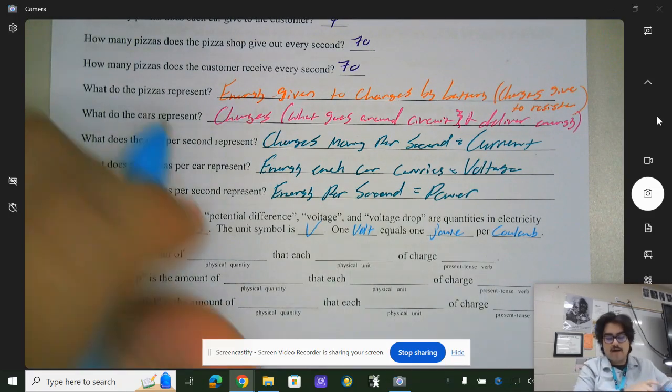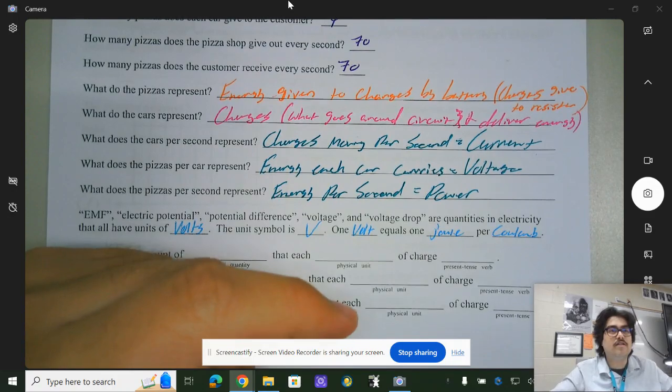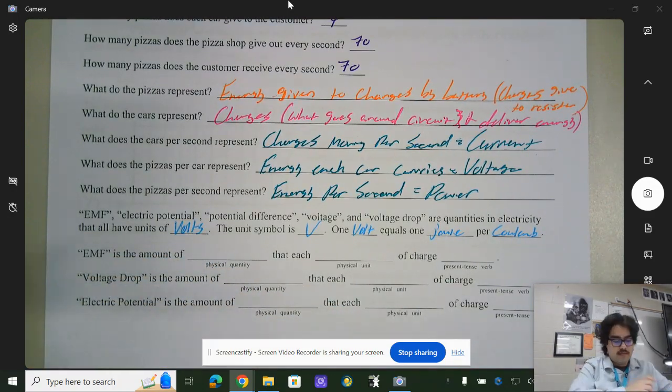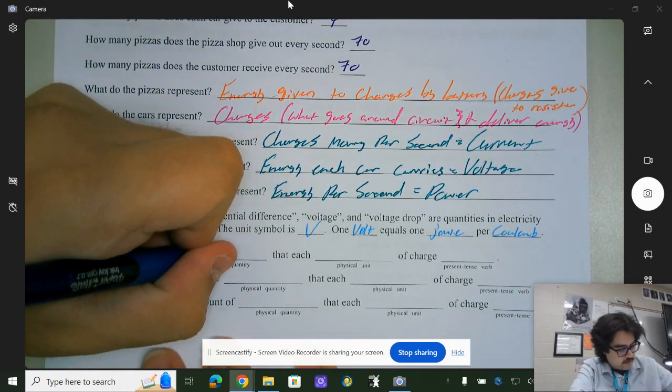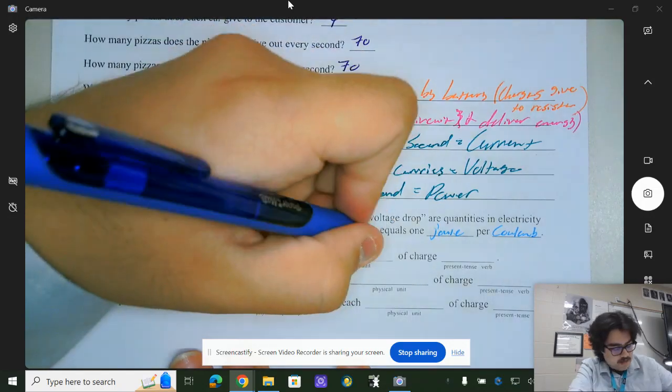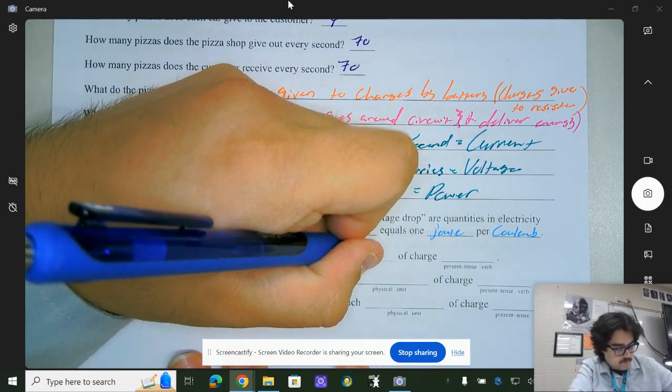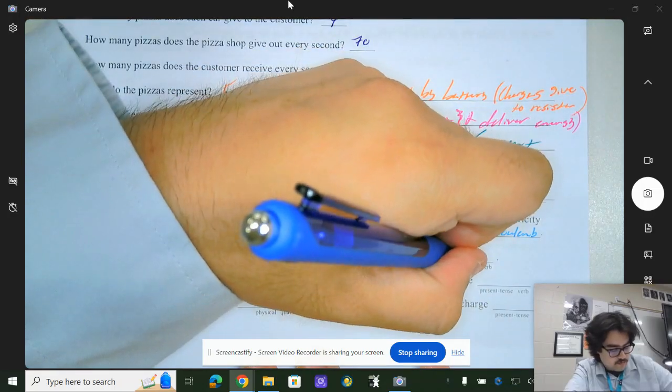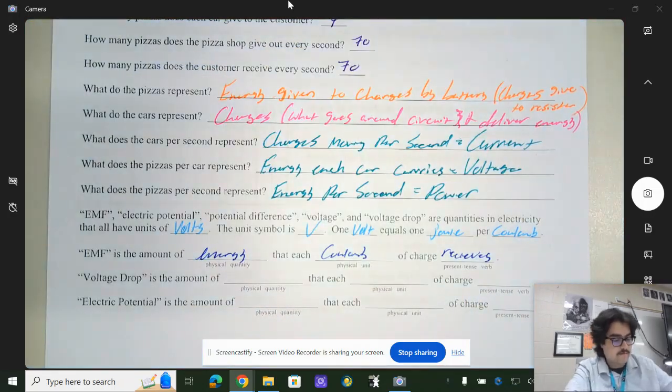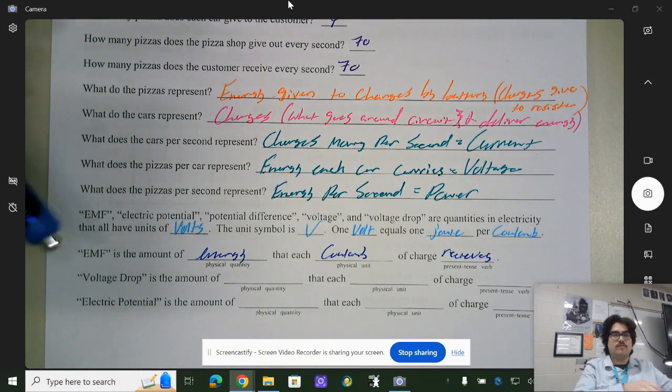EMF is the amount... wait, so what do some of these words mean? Well, EMF is the amount of energy that each coulomb of charge receives. Each coulomb of charge is going to receive some amount of energy. That's EMF.